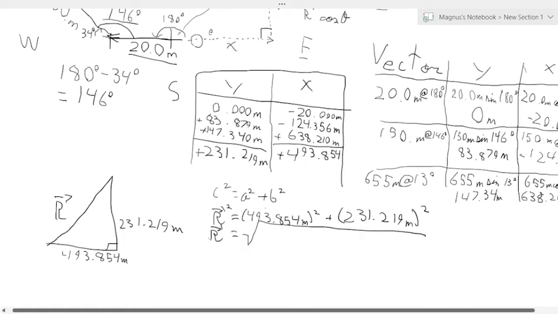This is going to be equal to, okay, 243,891.77 meters squared plus 53,462.23. I'll leave just some decimal values so it's a little smaller and I don't go off my screen.